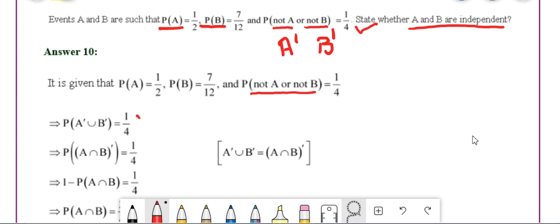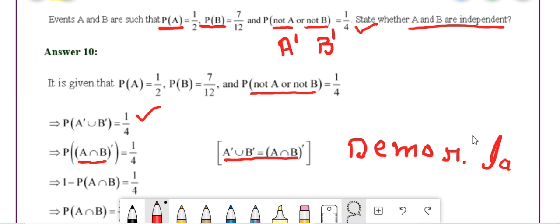That is equal to 1 upon 4. Now this is equal to A intersection B prime. Why? Because here we are using De Morgan's law. So kindly remember this De Morgan's law we are using over here.